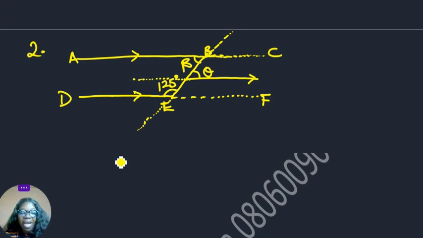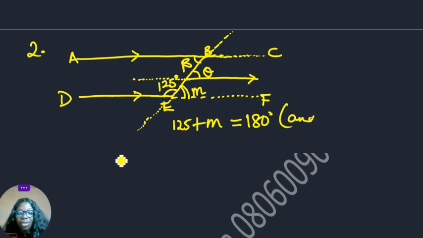Now, how do I find the unknown angles? I have 125 degrees as the only given figure. So I'm going to look for the adjacent angle. An angle is adjacent to 125 degrees, which is right here. I'm going to name it M. So 125 degrees and M are angles on a straight line, so the sum of these 2 angles will be 180 degrees.